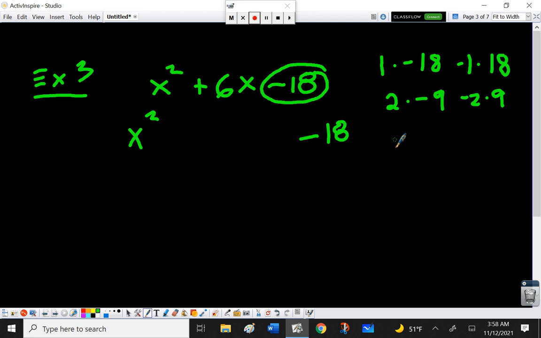Let's say we had a 3 times negative 6. Or maybe it's negative 3 times positive 6. You see, all of these are going to multiply to give you 18. And let's see, are there any other factors of 18?